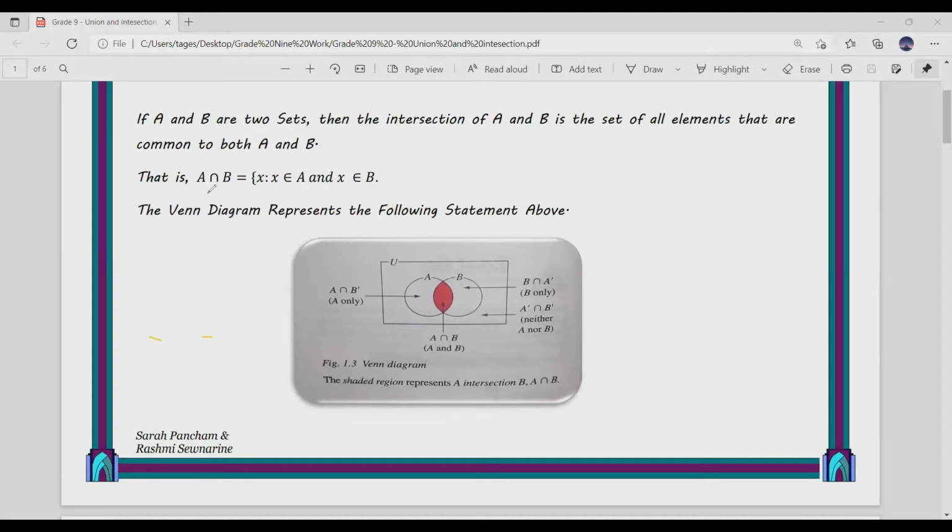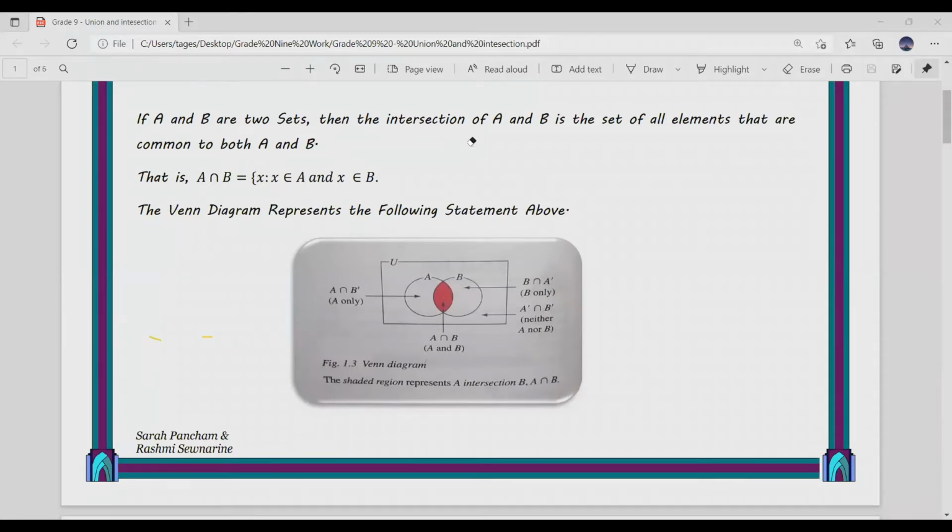So in the example that we had before, the 2 would be in this red area, because 2 was the intersection of the two sets.